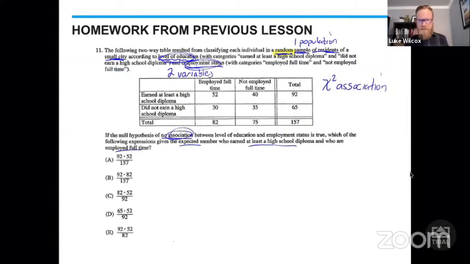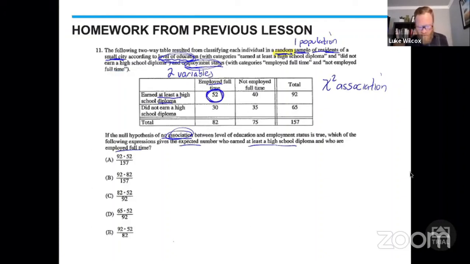And this sounds like we're going to have to be doing an expected value calculation, assuming the null hypothesis is true, that there's no association between these two variables. Now, they said for at least a high school diploma. So I know that I'm dealing with the first row here, and employed full-time, that is the first column. So what we're really looking for is the expected value in the top left cell of this two-way table.